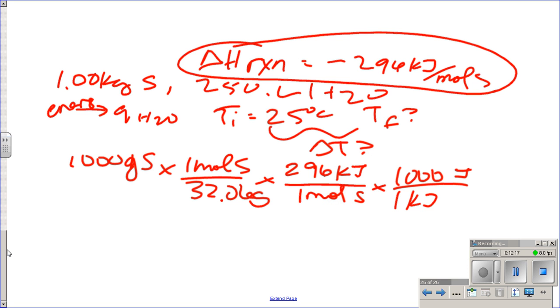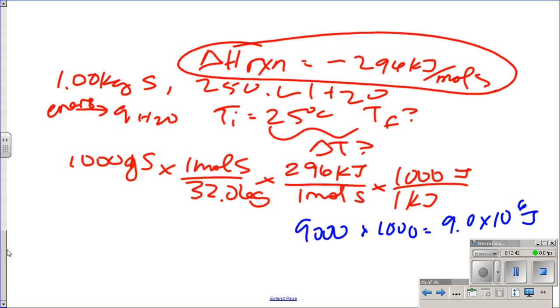So 30 times 300 is about 9,000, because you add your zeros, and 3 times 3 is 9. So 9,000 times 1,000 is 9.0 times 10 to the 6 joules.